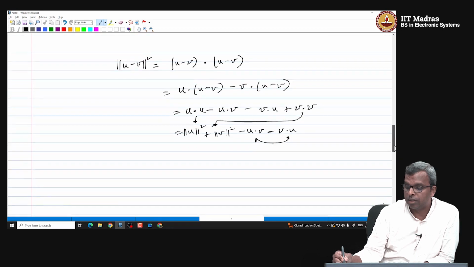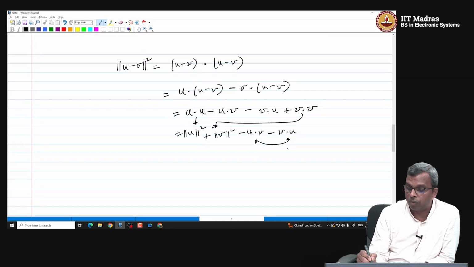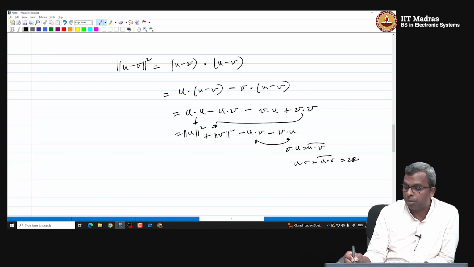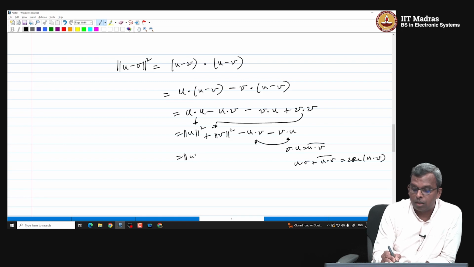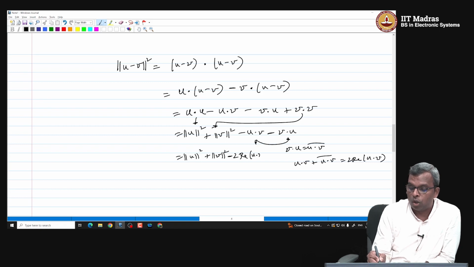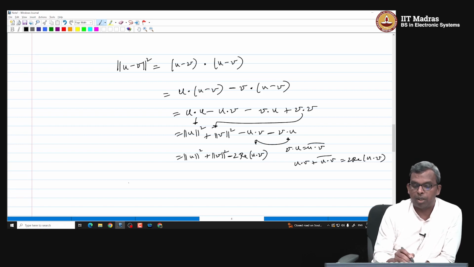So there is a version of this result you might have seen. V dot U is U dot V bar, and then you will have U dot V plus U dot V bar, which is 2 times the real part of U dot V. So this is also written as norm U squared plus norm V squared minus 2 times the real part of U dot V. This is an identity which you might want to remember.